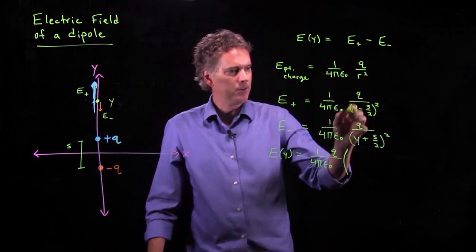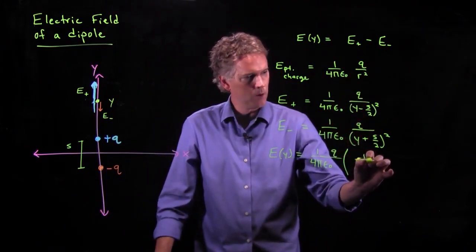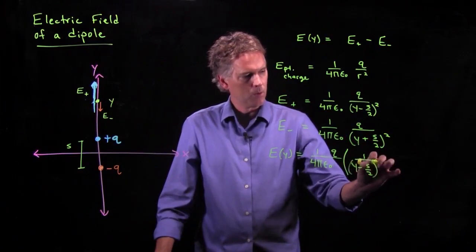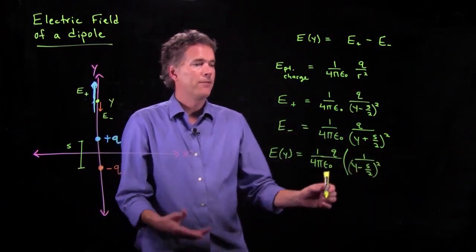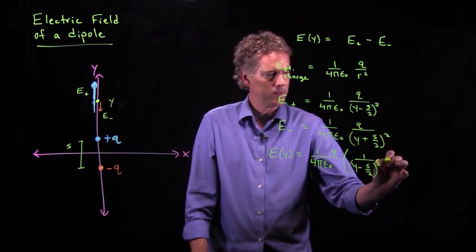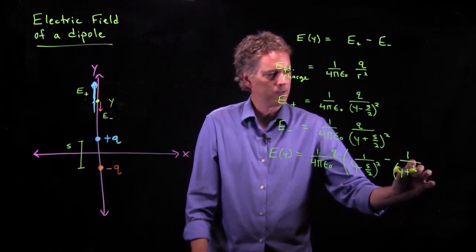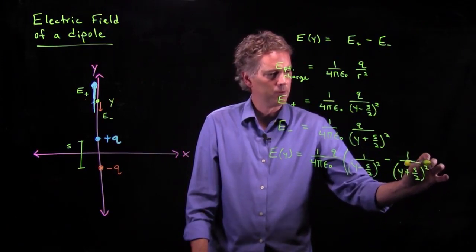Okay? E positive, what's left? It's 1 over y minus s over 2, quantity squared. And then we have to subtract E minus, so it's minus 1 over y plus s over 2 squared.